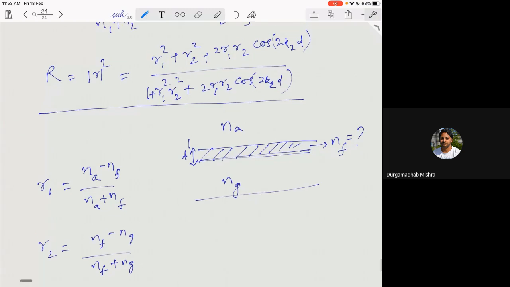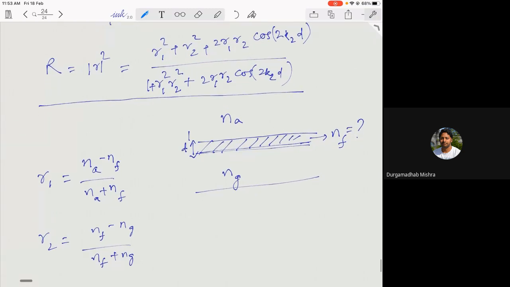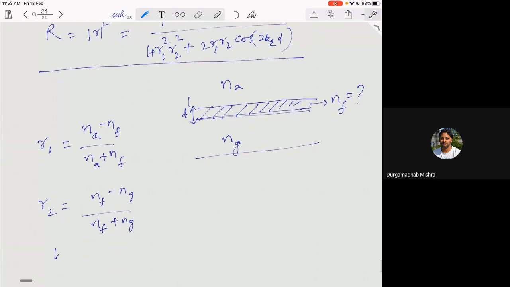And this K2D, you can write as a phase factor delta, which is nothing but 2 pi by lambda into your optical path length NFD.